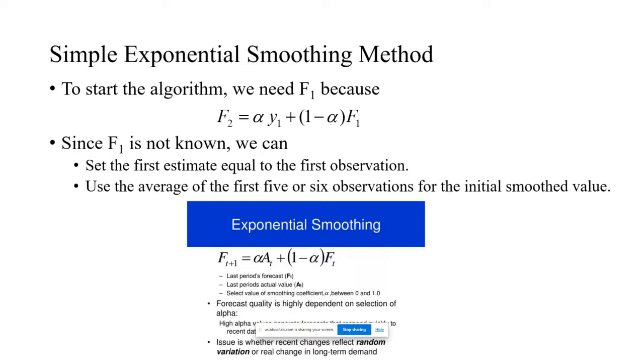First, set the first estimate equal to the first observation. Second, we can use an average of the first 5 or 6 observations for the initial smooth value. But we have to determine the first forecast to get this whole process started. So those are a couple of suggestions on how to get this process started.